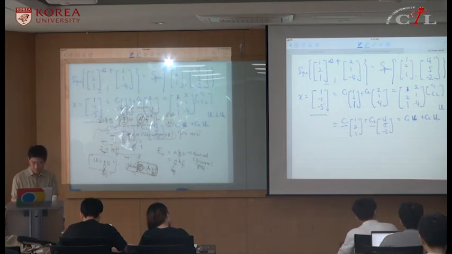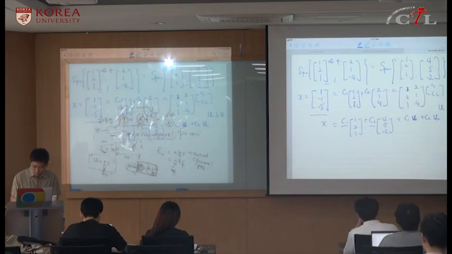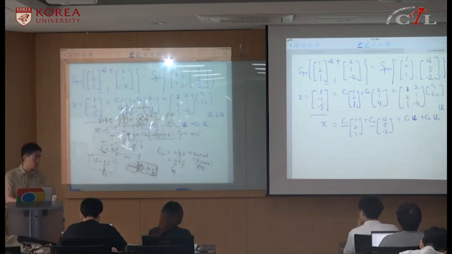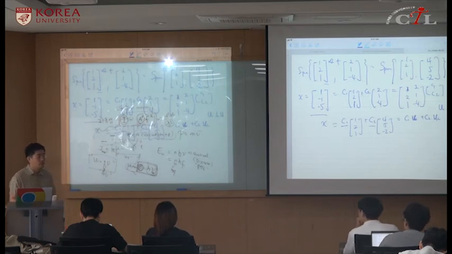So in this case, how do you find C1 and C2, instead of forming this linear system? We take the inner product with U1 and U2 separately, applied to this equation.